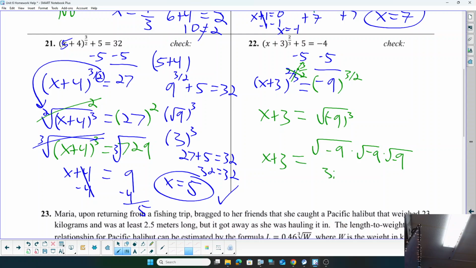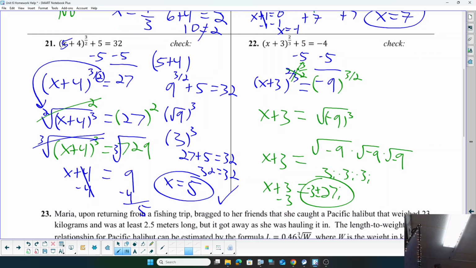That would be like 3i times 3i times 3i. So that would be like 27i. And then x plus 3 minus it over. Don't forget the plus or minus, though. So x equals negative 3 plus or minus 27i is our answer. But that's weird, because usually we want whole numbers. I guess we're not graphing it, so that's true. That's our answer.